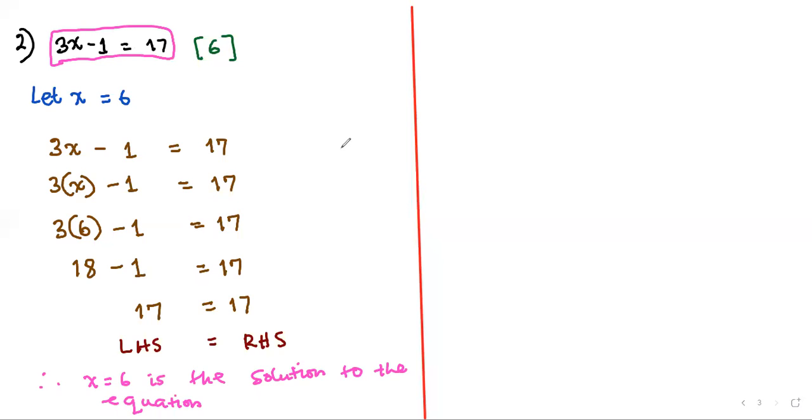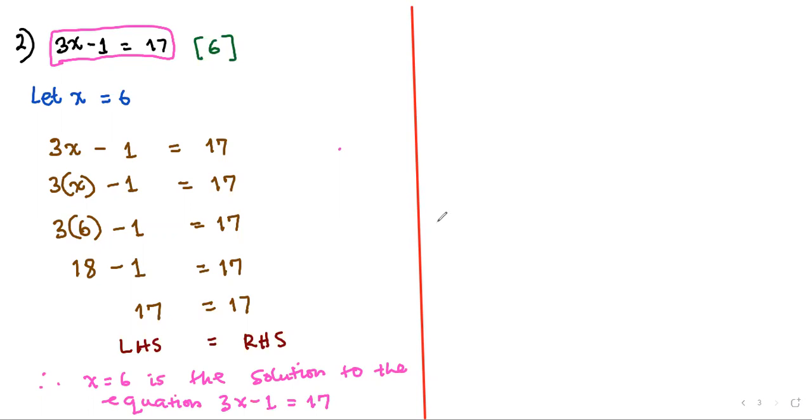Yes, the equation is 3x minus 1 equals 17. So the equation is 3x minus 1 equals 17, and the solution is x equals 6. You get the point? Okay. So we can see that 6 is the solution.